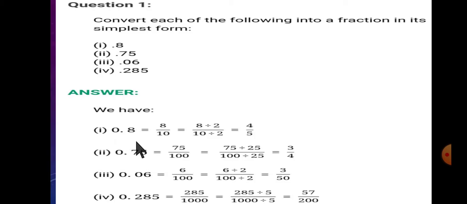Then after the decimal you will see the number of digits. The number of digits after the decimal is 1. That's why we will add one 0 in the denominator. So what is the fraction form of 0.8? Which is 8 upon 10.